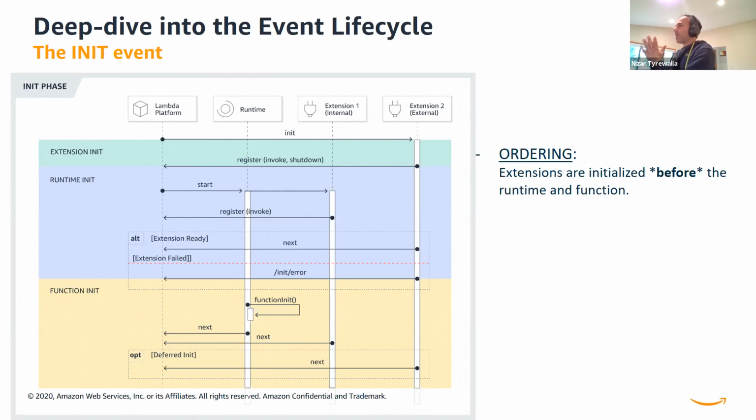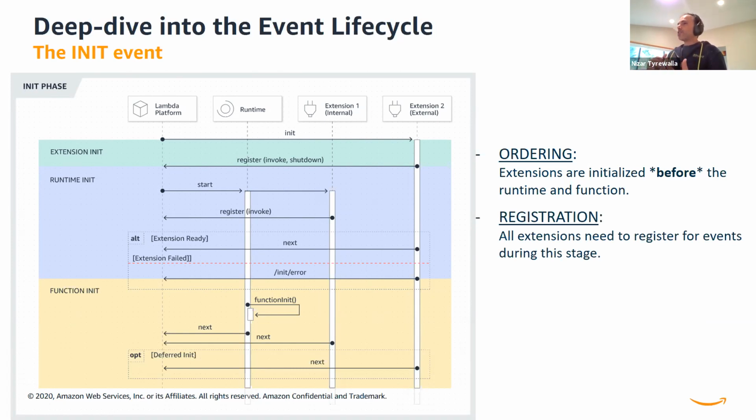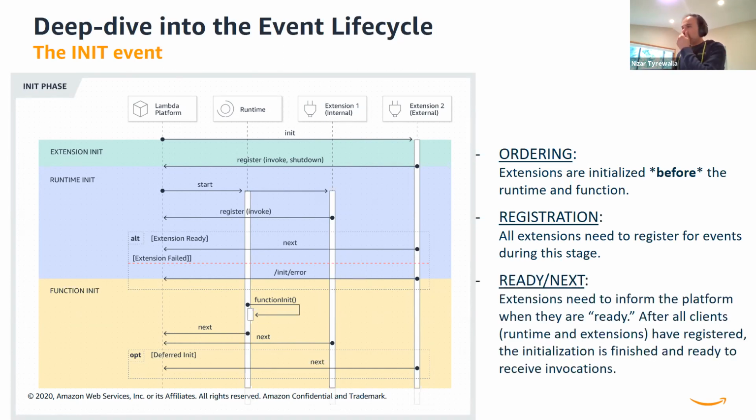So we have created a Lambda extension specific to OpenTelemetry where the collector runs as part of your function execution. When an extension is initialized, all the extensions need to be initialized before your function or the runtime. And they have to register with the platform so that the platform knows: okay, I have this extension, which is the OpenTelemetry extension. I am initialized and I'm ready to take requests.